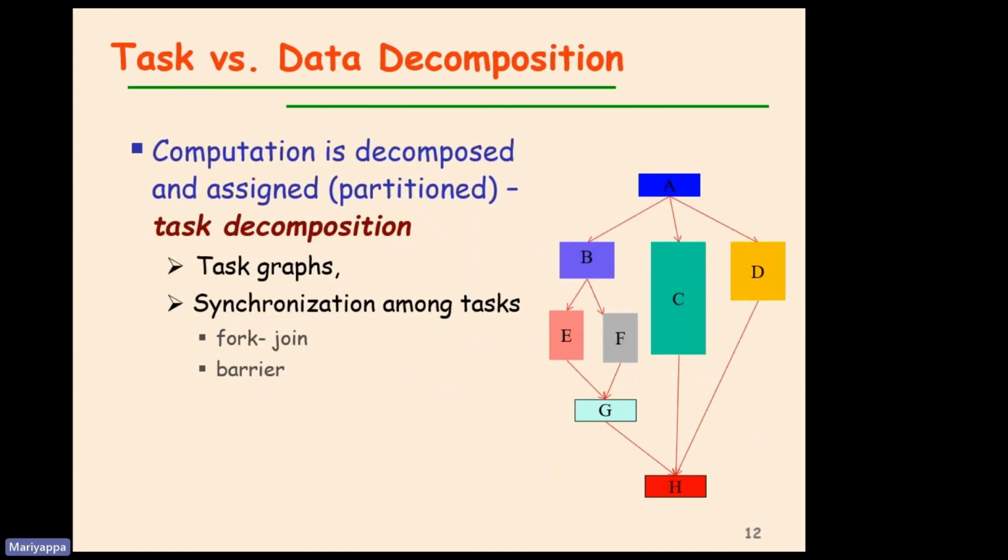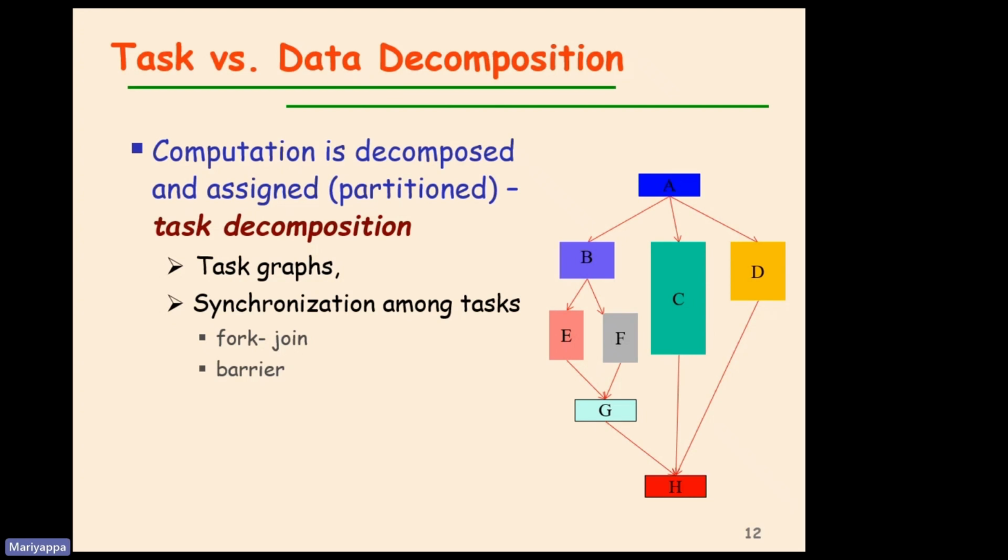Okay, so let me give you an example of how I divide my computation into tasks. As I said, it could be called either task decomposition or domain decomposition. In task decomposition, I look at my big task and divide it into multiple tasks.